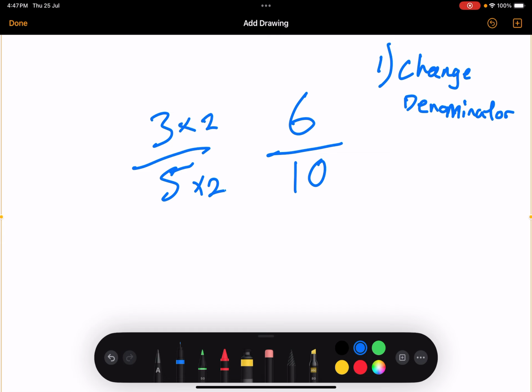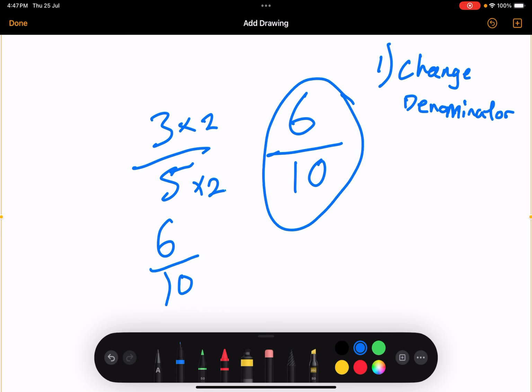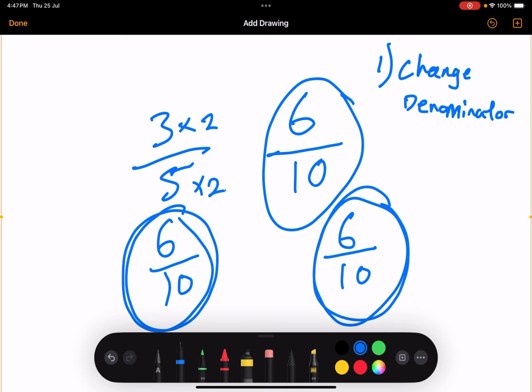So this times 2, so we'll get 6 over 10. Same as this. And so these two, 6 over 10 over here, are equals. Now you may know these signs as smaller than, equals, and greater than. So these two fractions are equals.